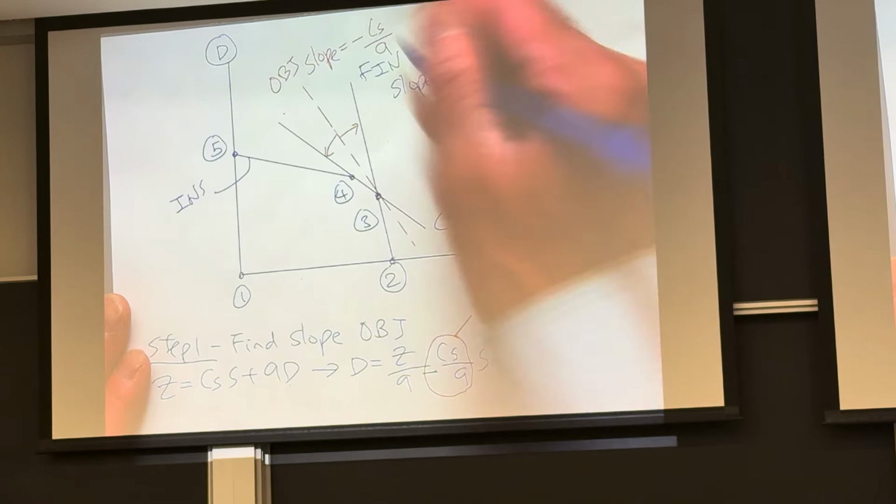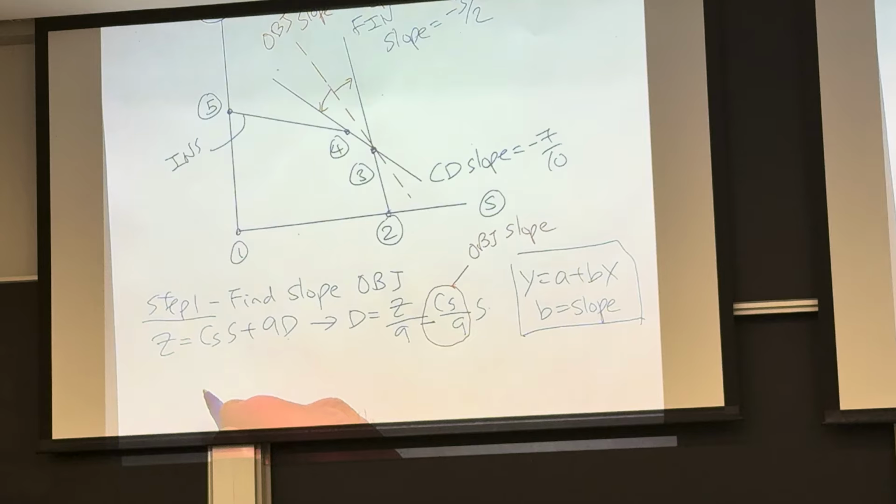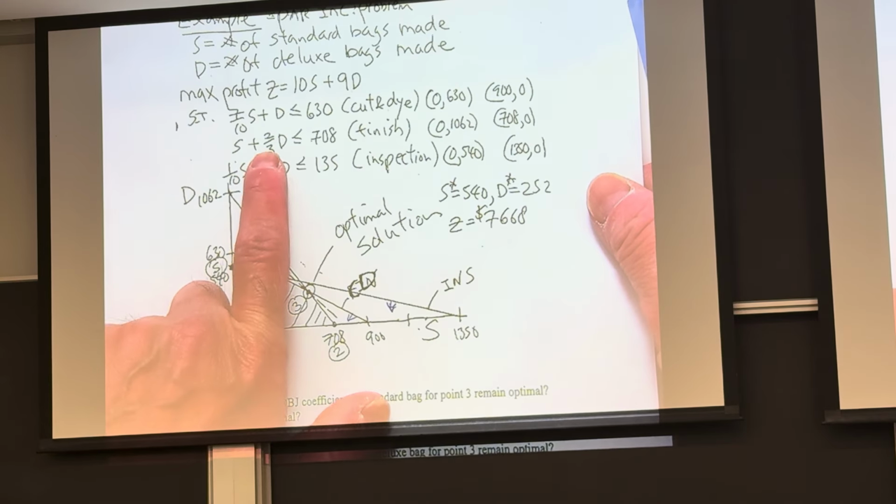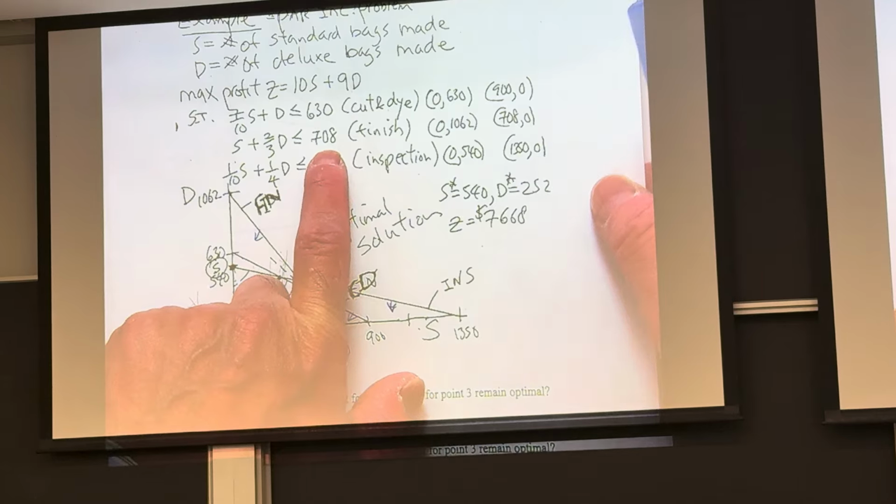Then we find the slope of finishing and cut and die as well. From the problem, the finishing constraint is S plus 2 over 3D is 708.